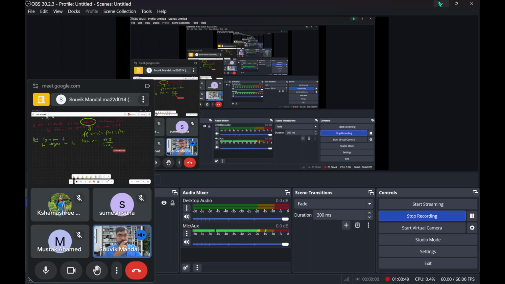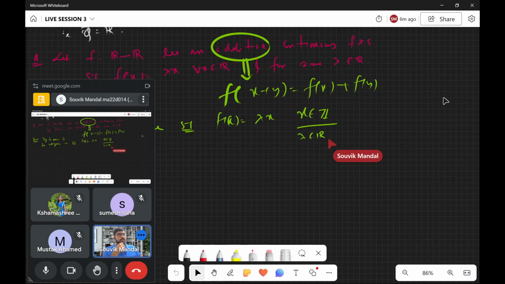Please try to solve it. So first try to show it happens only for integers.